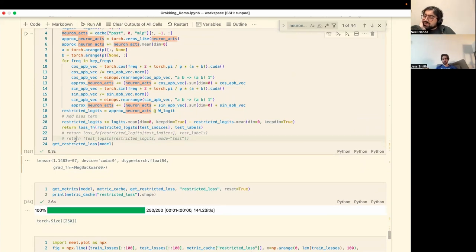So when you're trying to reverse engineer a system, it's really easy to allow information to leak in. Let's say I wanted to make the claim that actually the Fourier cos A plus B components of the neuron activations are all that matters, and I do this restricted loss thing, but I still add on the residual stream that comes via the attention.